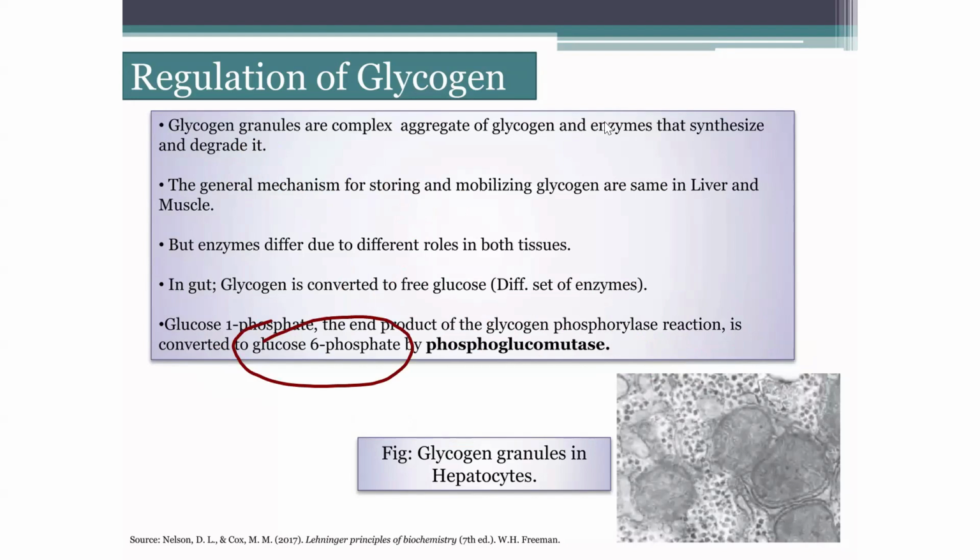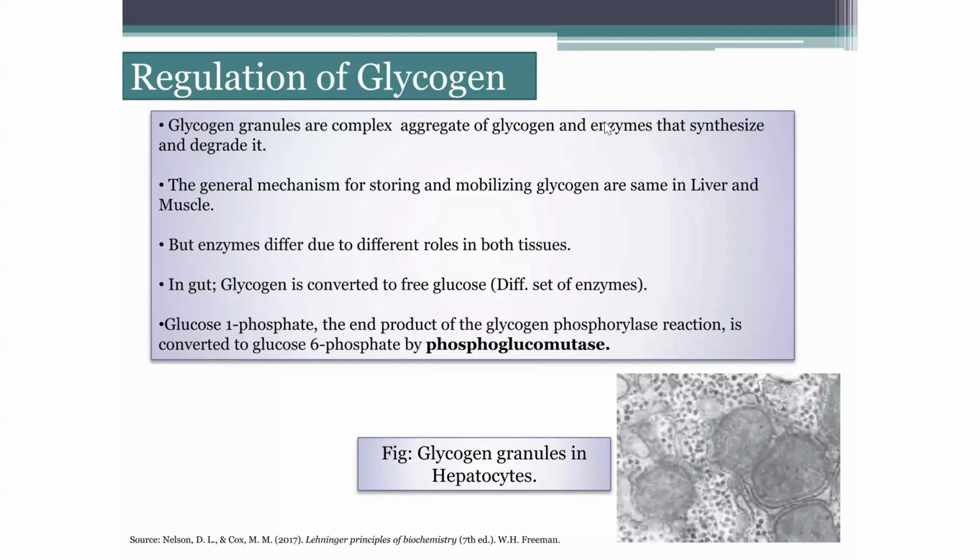And of course, from the previous slides, I told you how this glucose 6 phosphate will be utilized in different pathways, as well as being important in some other life processes.